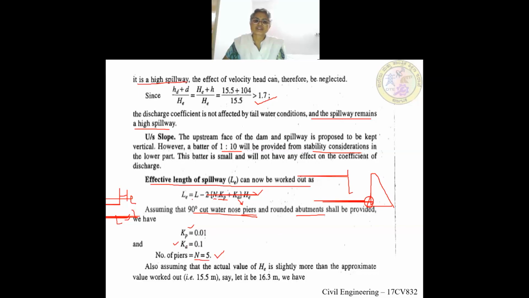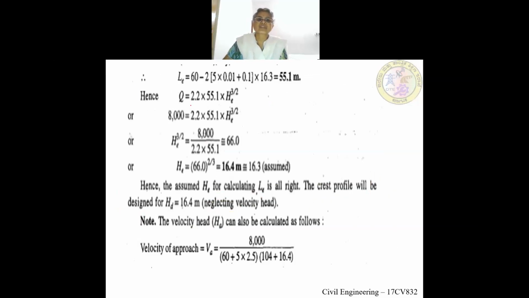Substituting all this, and the clear waterway is 60, we get this LE. Now we have to calculate the actual HE. First we had assumed HE and checked whether it is a high spillway, and after that we calculated LE and now recalculate HE using the correct effective length.